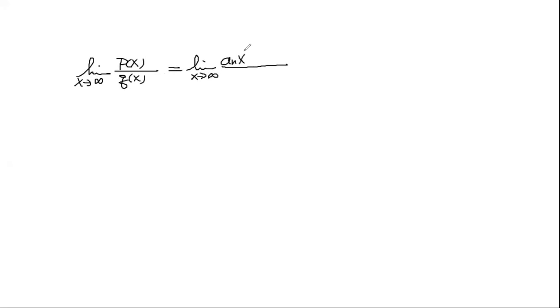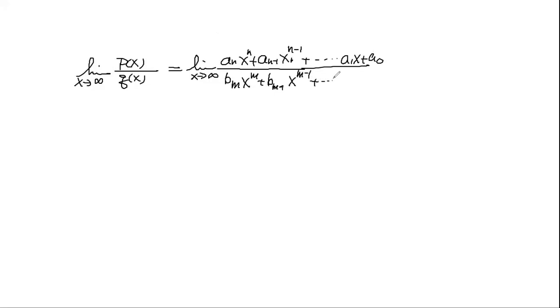Here P(x) is a_n x^n plus a_(n-1) x^(n-1) plus and so on, plus a_1 x plus a_0. And Q(x) is b_n x^n plus b_(n-1) x^(n-1) plus and so on, plus b_1 x plus b_0. Remember during the lecture we talked about how, for polynomials, we just compare which one goes faster.